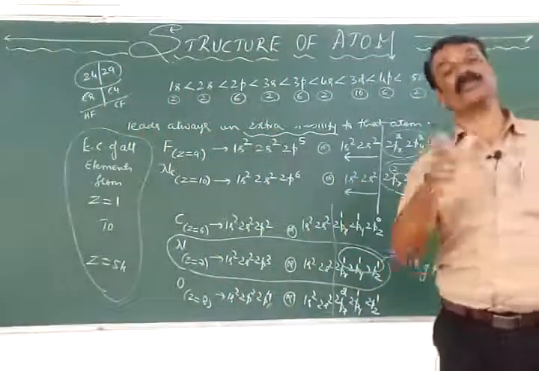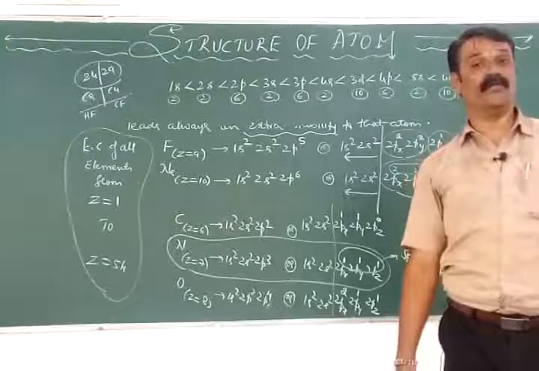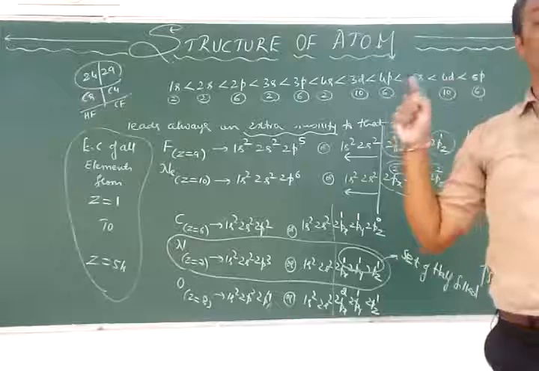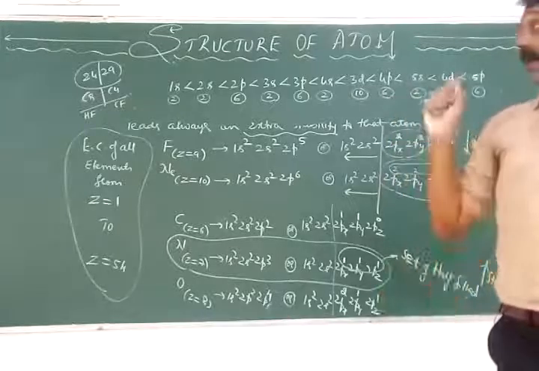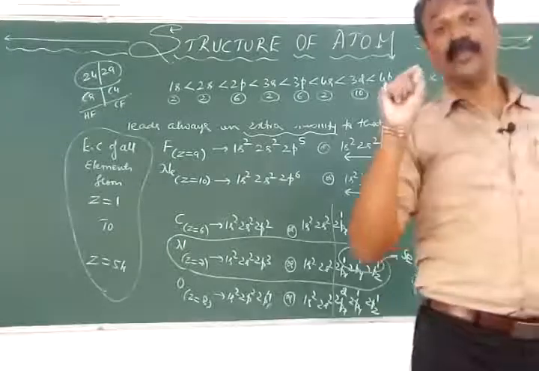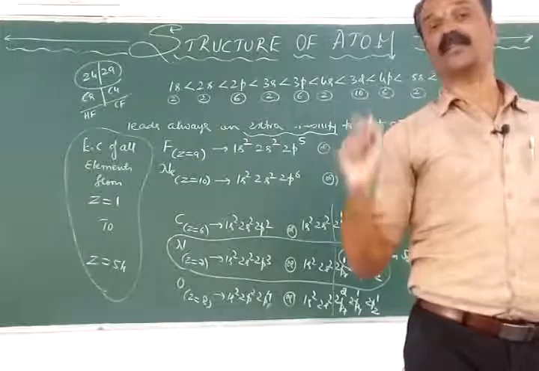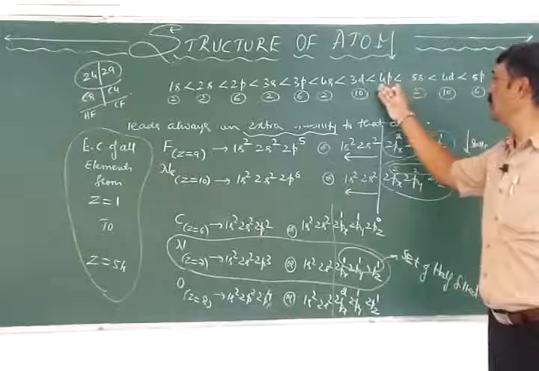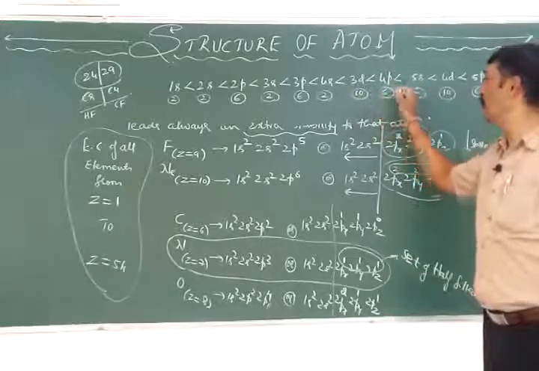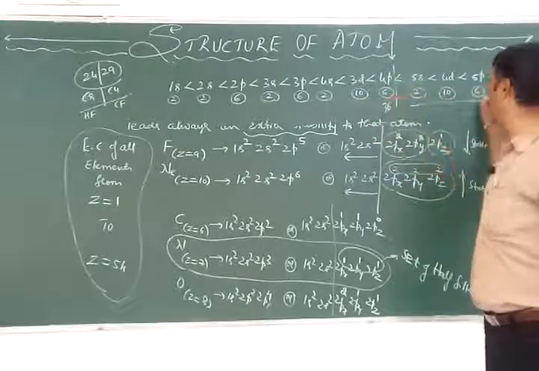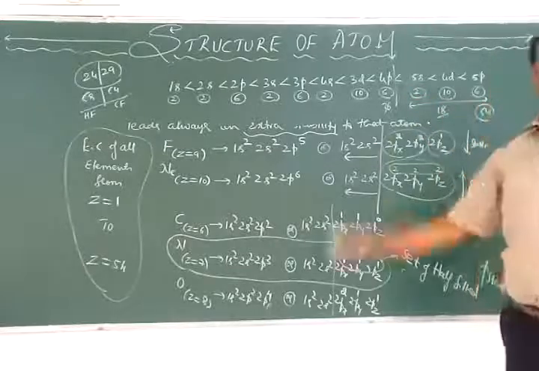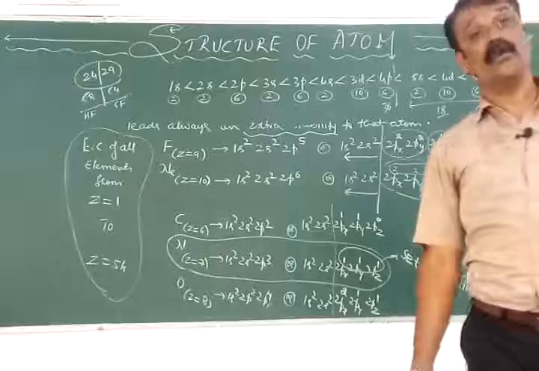Okay, so try on your own the electronic configurations from atomic number 1 to 54. At least be perfect with the first 36. Then we will have the next set, the 54. That is very easy: up to 4p we have 36, then another 18 makes it 54. So try that on your own.